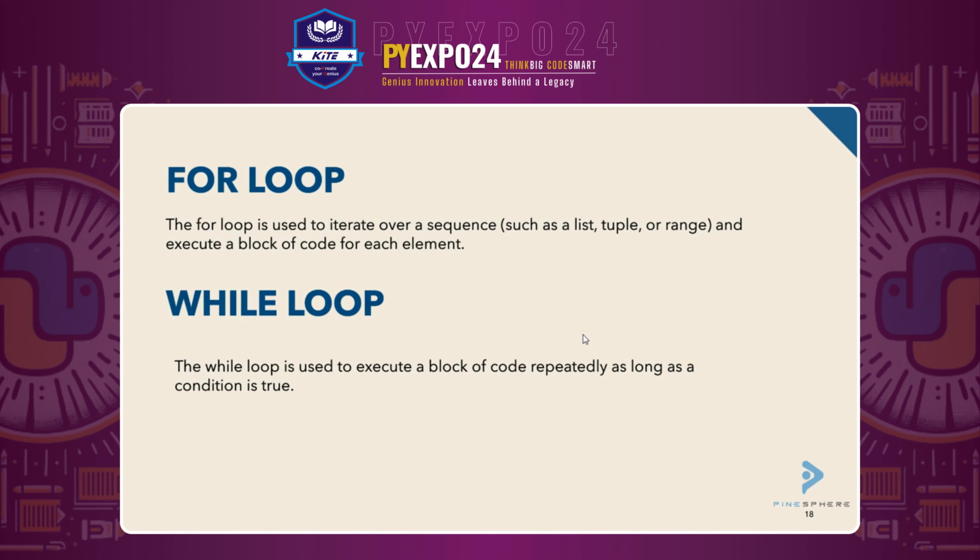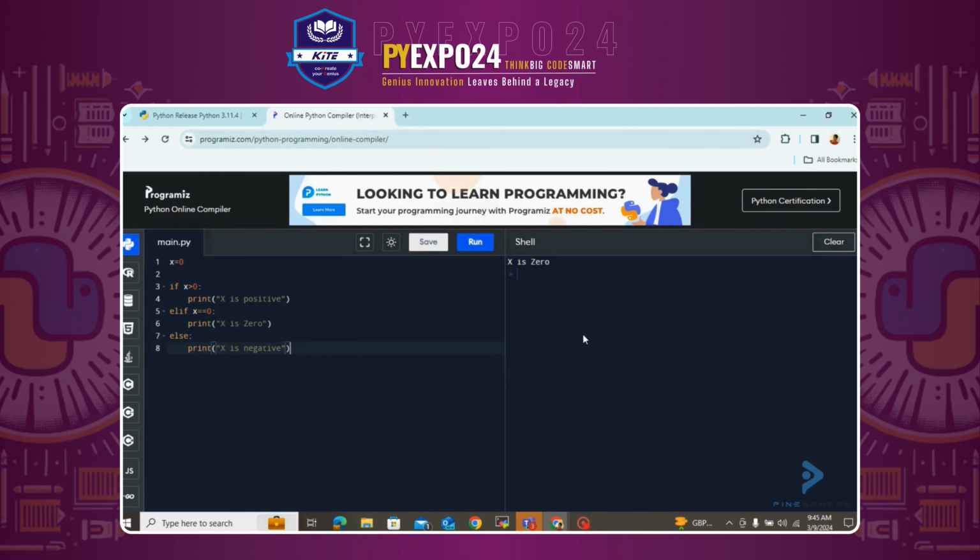For loop is used to iterate over a sequence such as a list, tuple or range. Previously we were seeing this also, right? And execute the block of code for each element. Whereas while loop is used to execute a block of code repeatedly as long as a specific condition is met. So we'll see an example for this also.